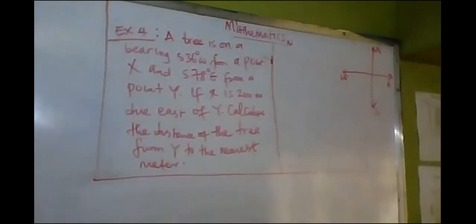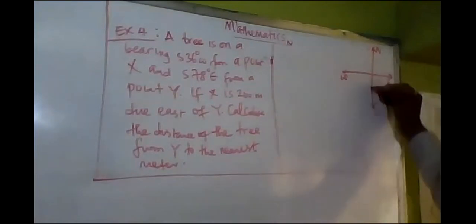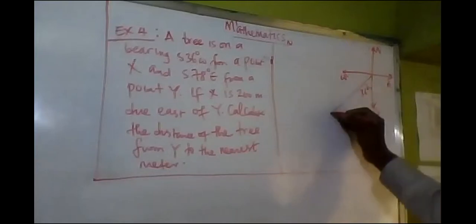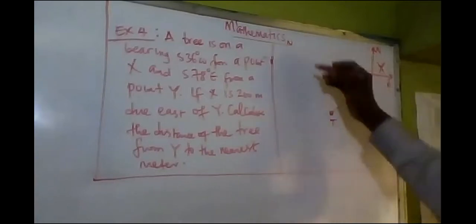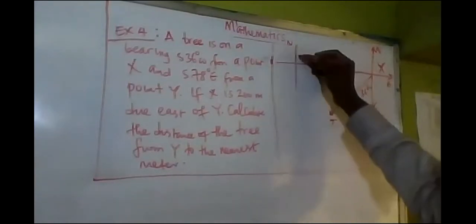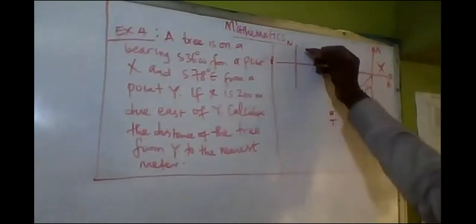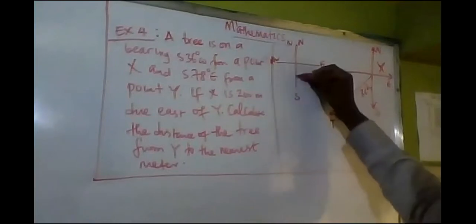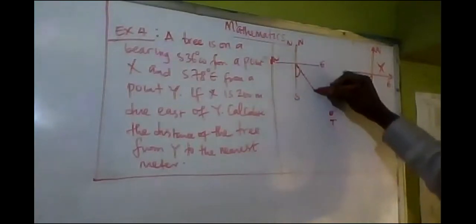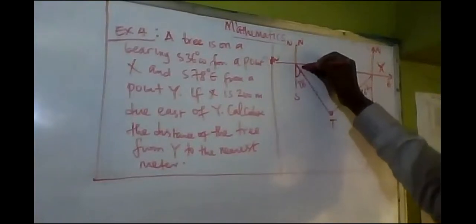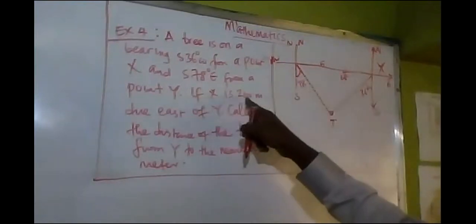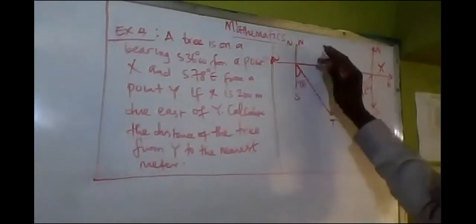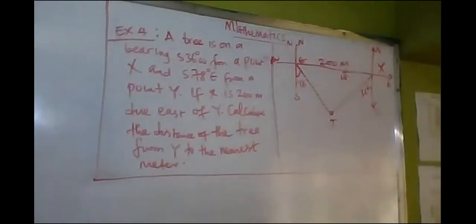A tree is on a bearing of south 36 degrees west from a point X. Then south 78 degrees east from a point Y. If X is 200 meters due east of Y, this is our east, 200 meters. So this was our initial diagram.